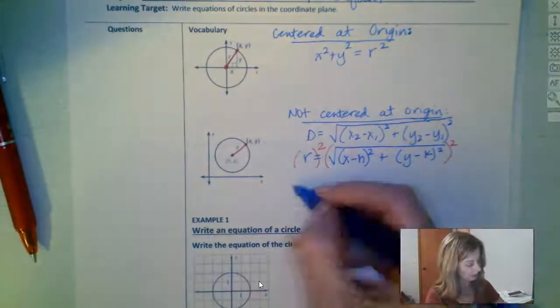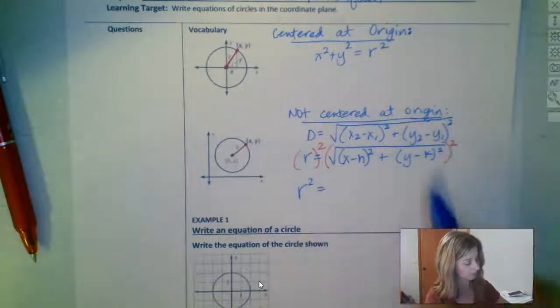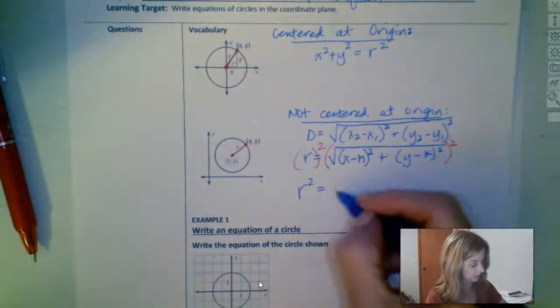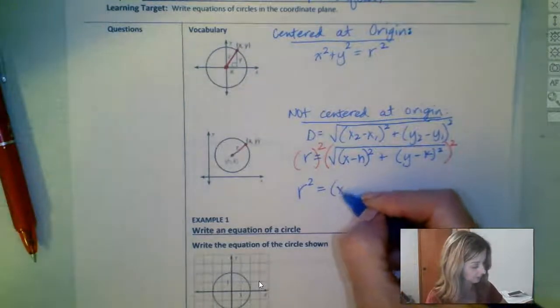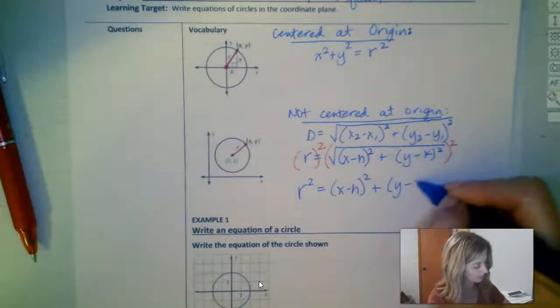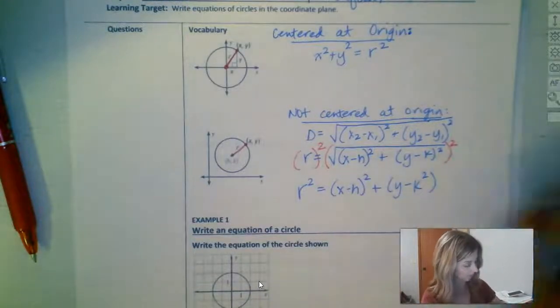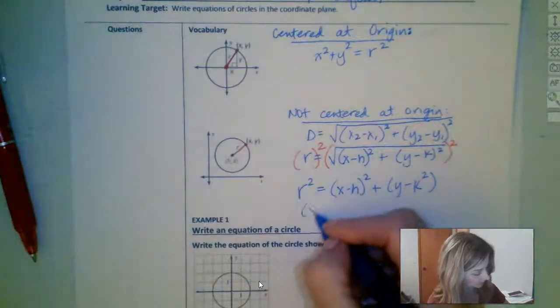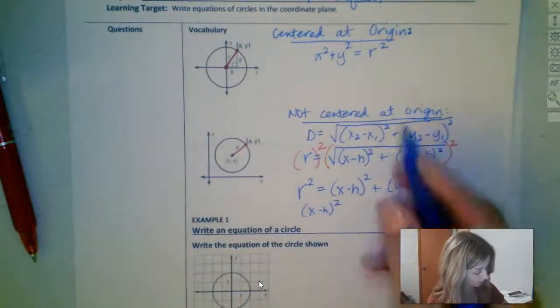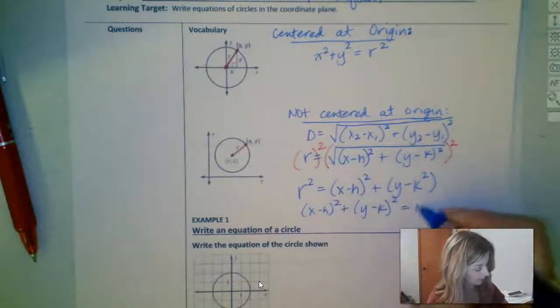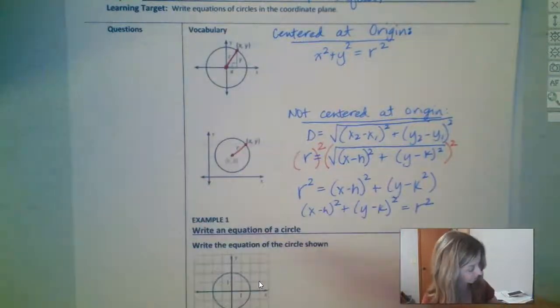So what I end up having is r squared equals, now the square root and the value squared cancels out. So I'm left with parentheses x minus h squared plus y minus k squared.